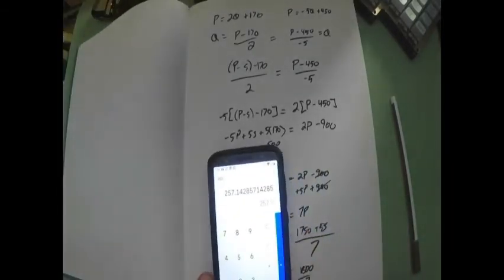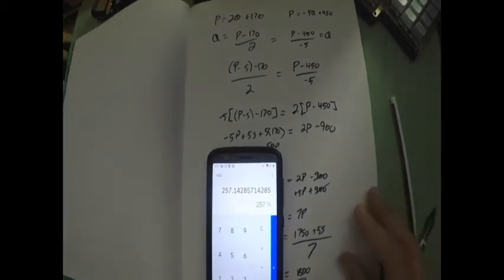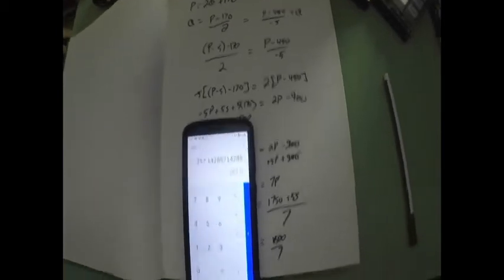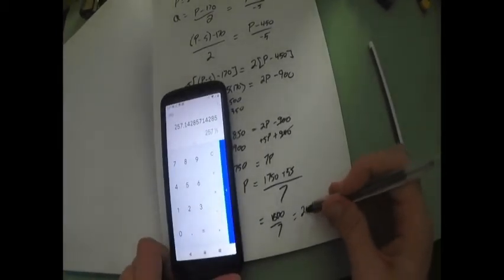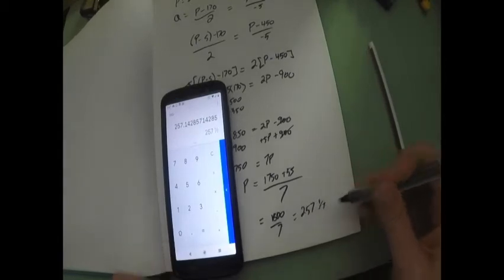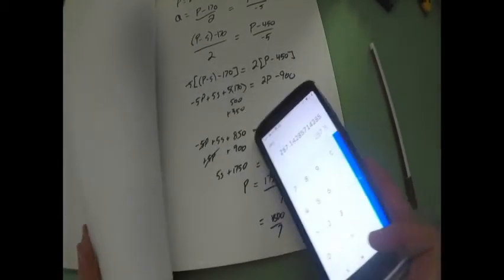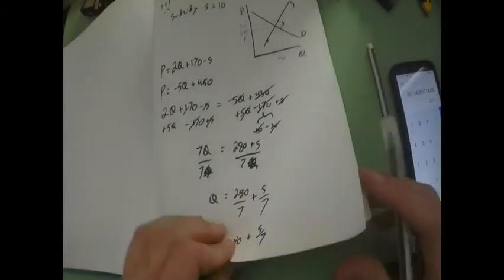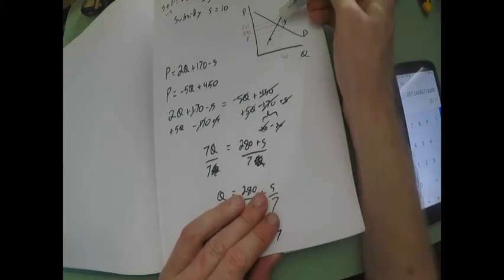So very close. I think it was like 0.6 was the decimal form of what we had over there. Move this down. So this equals 257 and 1/7, which is very, very close to the, what do we set, 242? So this is 252.